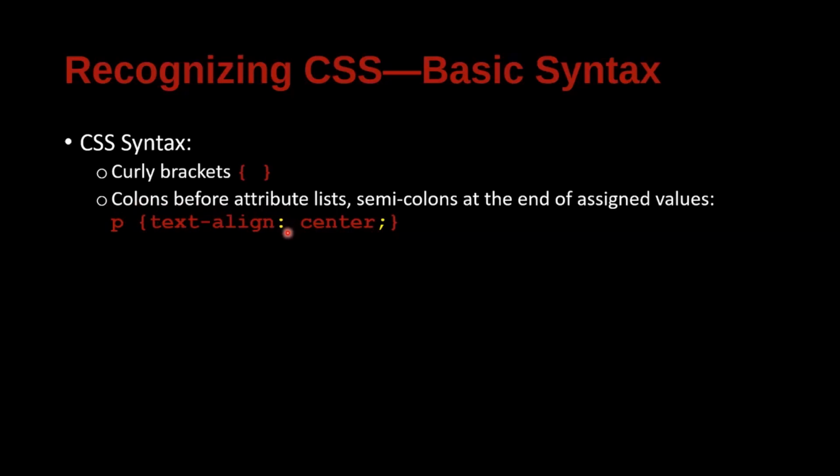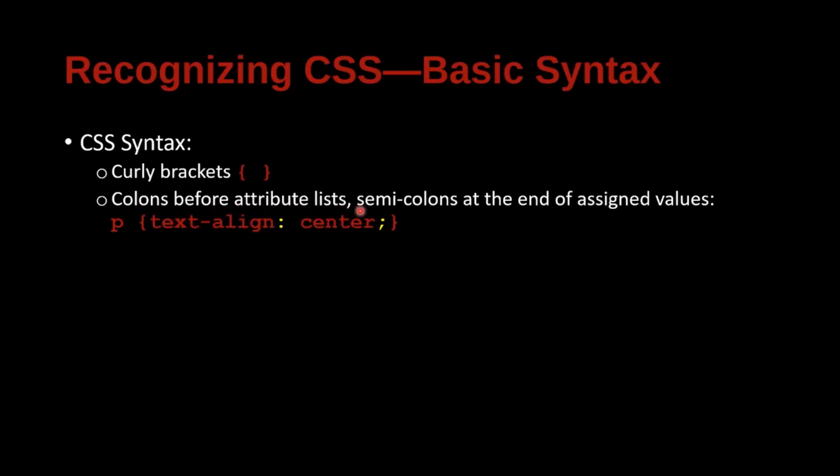What we're doing is formatting the alignment, the text align, and we're going to make it a centered paragraph in this case. If this were in our CSS code, and we'll talk about this a little later, all of the paragraphs on the page would be center aligned.